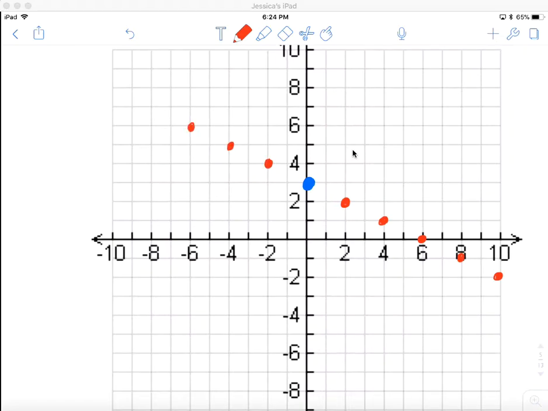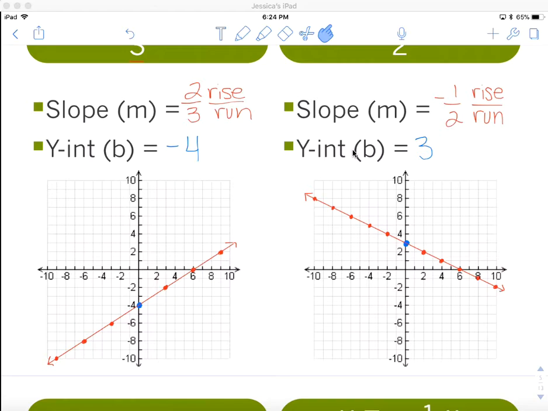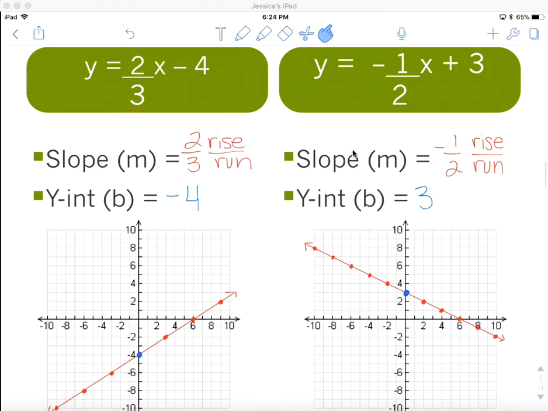Up 1, left 2, all the way across. One thing you need to remember about slope is that if it's a positive slope, it goes up to the right. If it's a negative slope, it goes down to the right. Be really careful with plotting your slope.